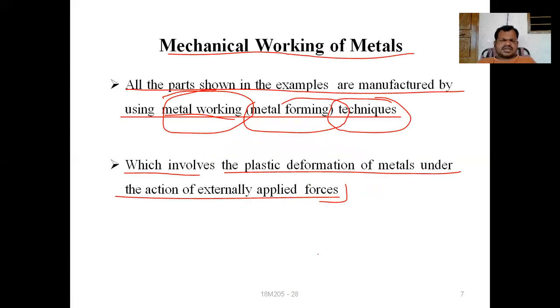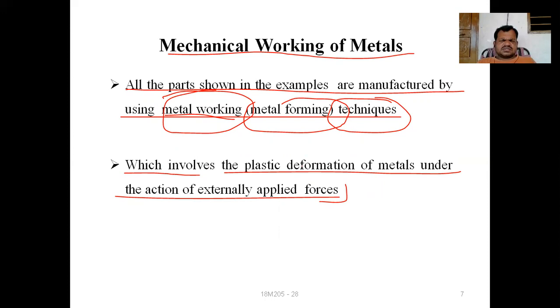Mechanical working of metals. All the parts shown in the examples are manufactured by using metalworking, as well as metal forming techniques only.